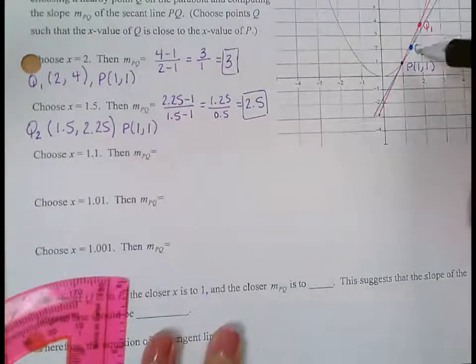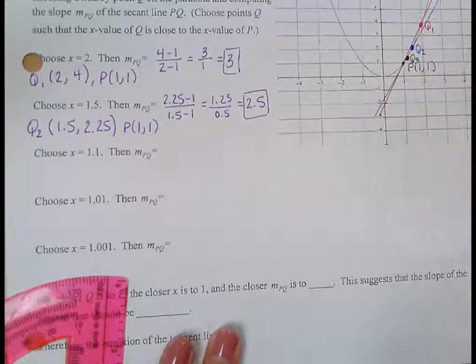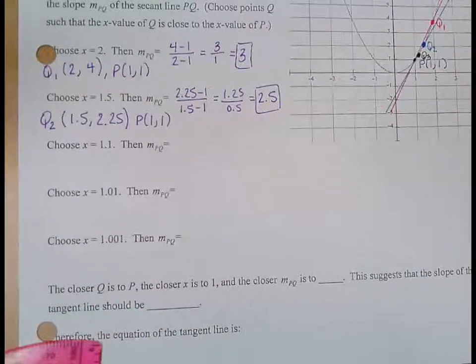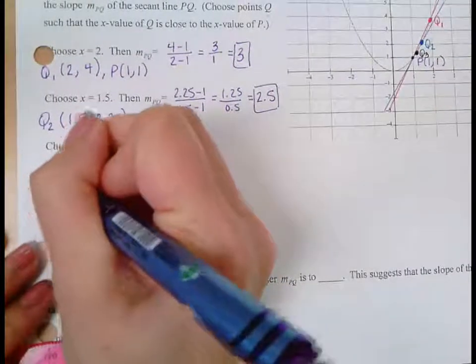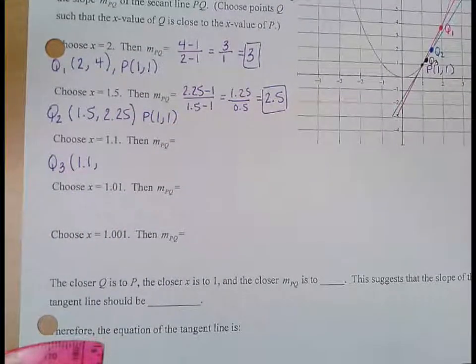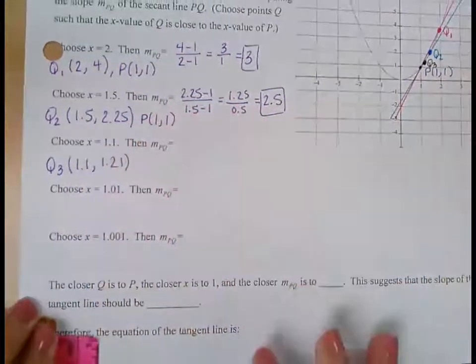But approximately here is where my third choice of Q would be. X was 1.1 on the parabola. So if X is 1.1, then the Y coordinate would be 1.1 squared, so 1.21.